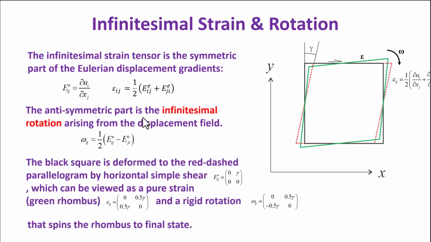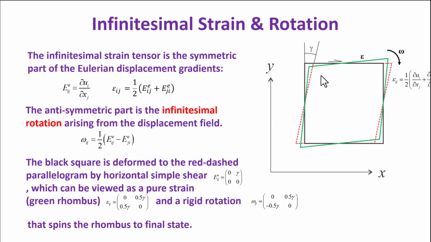In many textbooks, they explain the geometrical significance of this relationship. Here I use the example of a simple shear to explain this concept. So the black square is deformed into the red dashed parallelogram by simple shear. So the total deformation gradient is this. This deformation can be considered as a pure strain, which is represented mathematically by this.